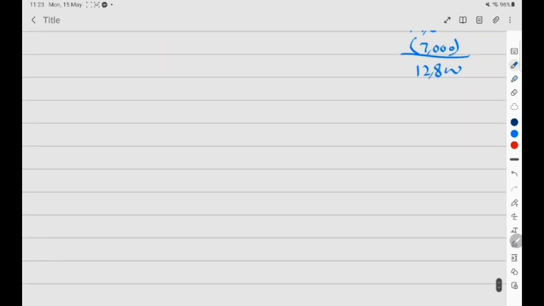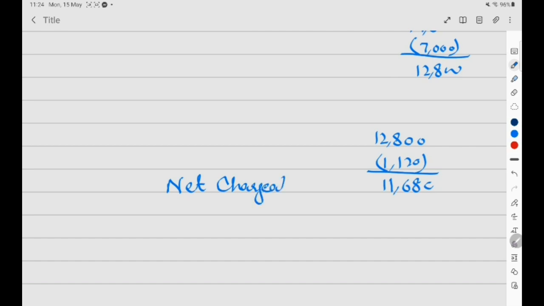So 1,120 of loss and 12,800 of gain, when netted off, will give you 11,680 of net chargeable gain. So that means you have to calculate a gain on one asset and a loss on the other asset, whatever it is, and then you have to net them off.